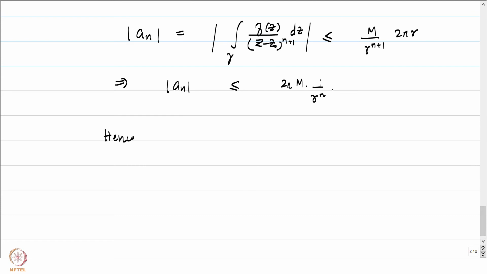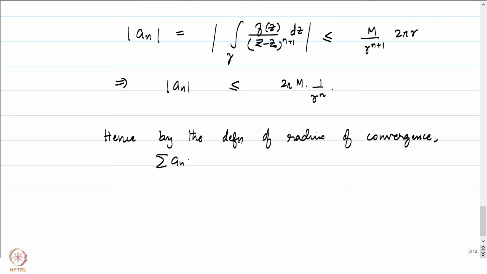Hence, by the definition of the radius of convergence, the summation a_n (z − z0)^n converges in at least the disk of radius r around z0.